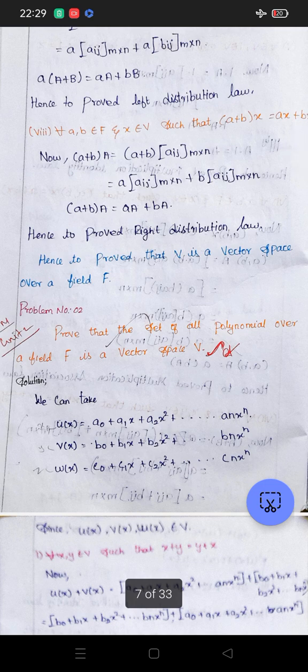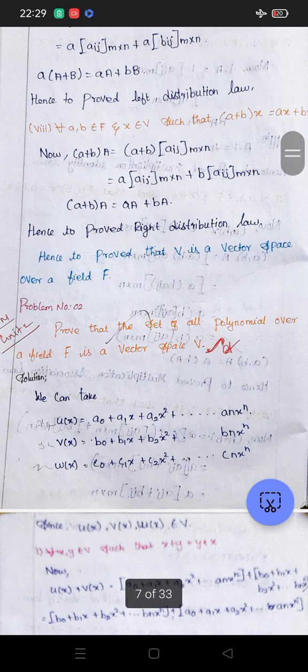The eighth condition is for all a, b belongs to F and x belongs to V such that (a plus b) of x is equal to ax plus bx. Now (a plus b) of capital A is equal to (a plus b) into capital A, which is a matrix, so aij of m cross n, and capital A you can multiply with the scalars.